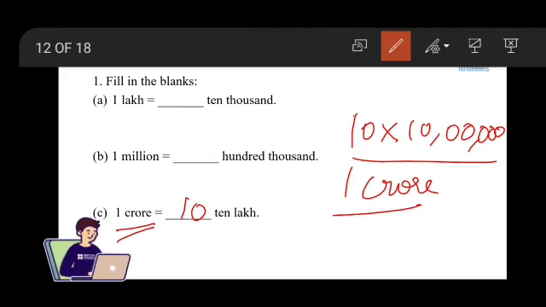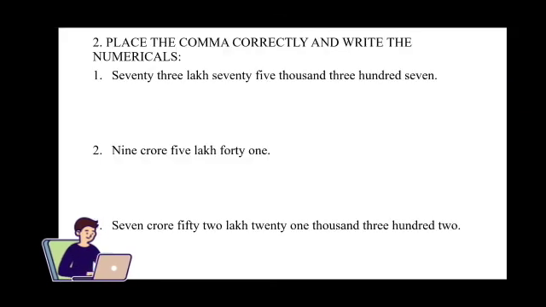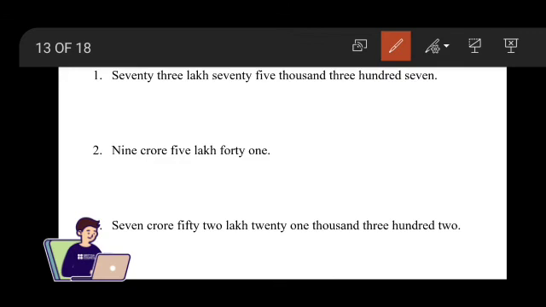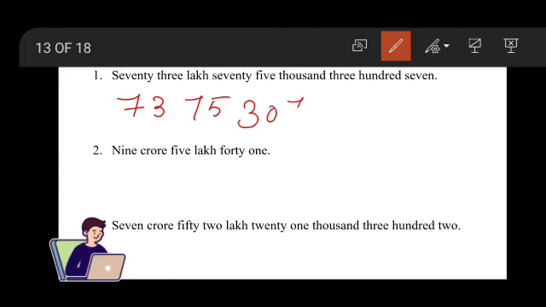Now let's see the second main problem. The second main problem is about inserting the comma and writing the numbers in numerals. Here the given question is 73 lakh 75,307.